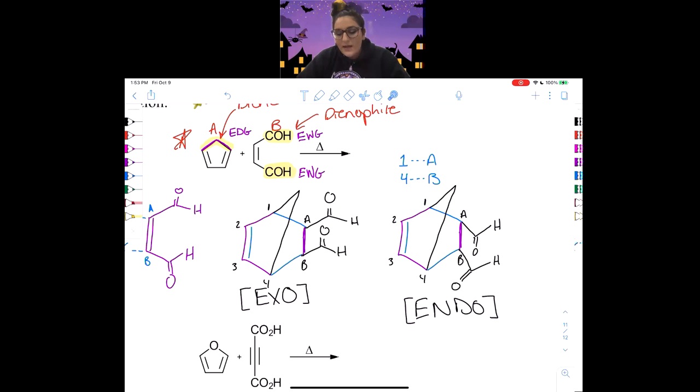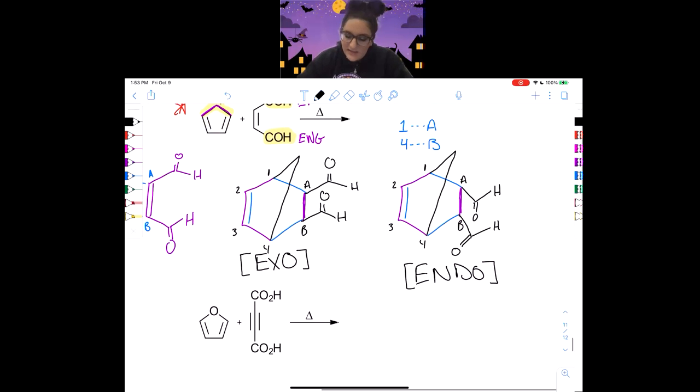And this will actually interact with these groups to form this extra stability. So when the double bonds point down into the system, aka endo, it's going to interact with this double bond to stabilize the ring. And so the endo product is the preferred one about 90% of the time.